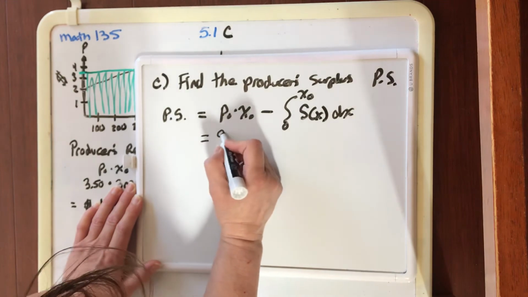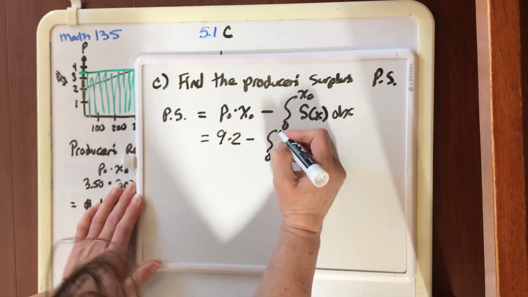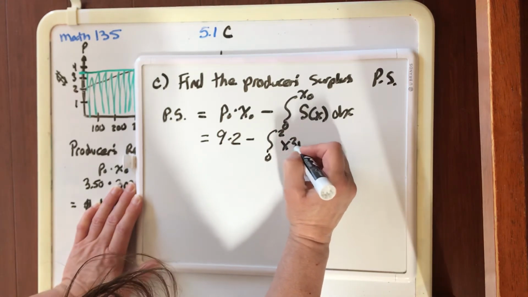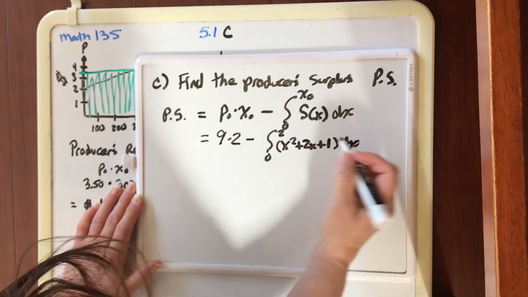So in our case, we have 9 times 2 minus the integral from 0 to 2. And S of x was x squared plus 2x plus 1 dx.